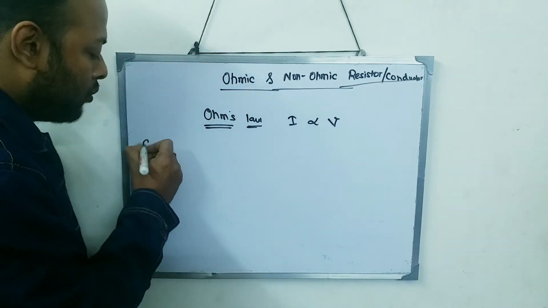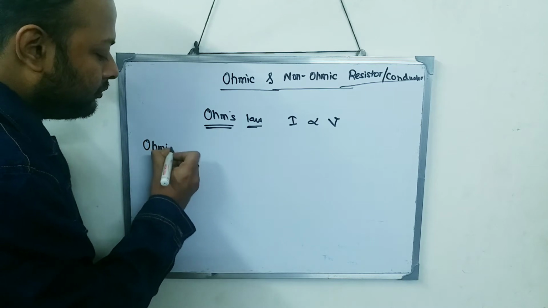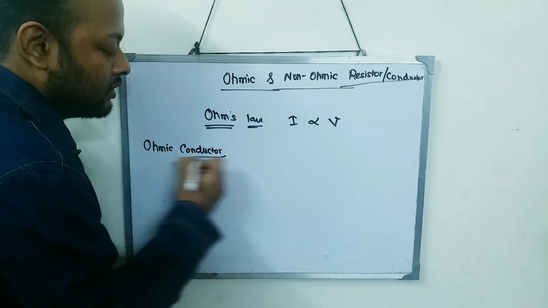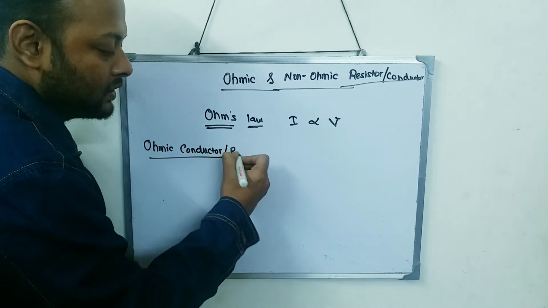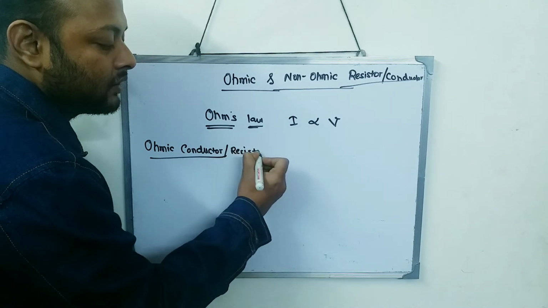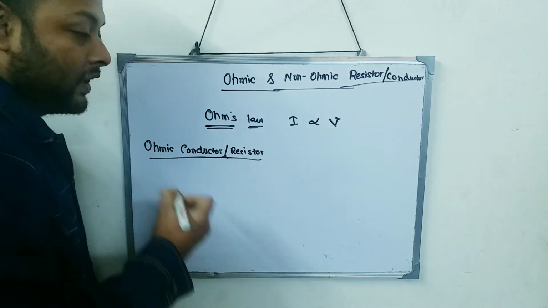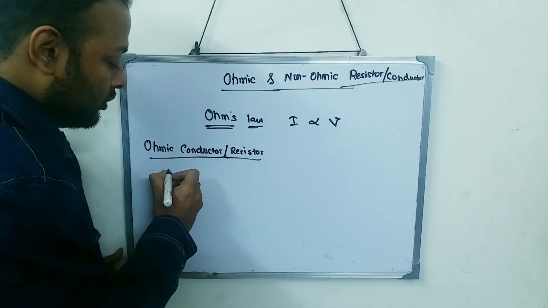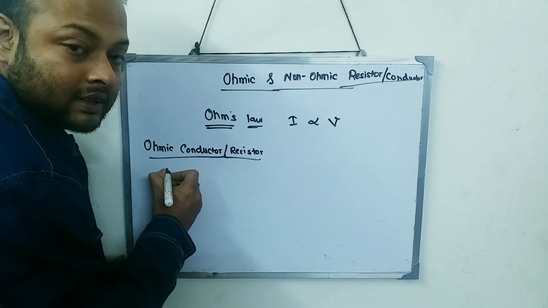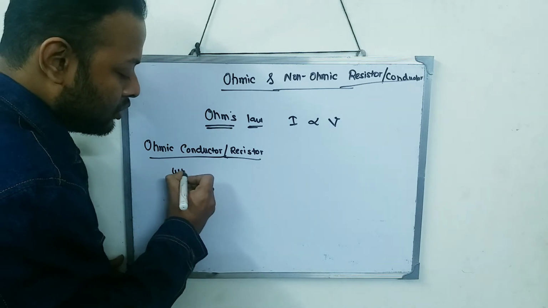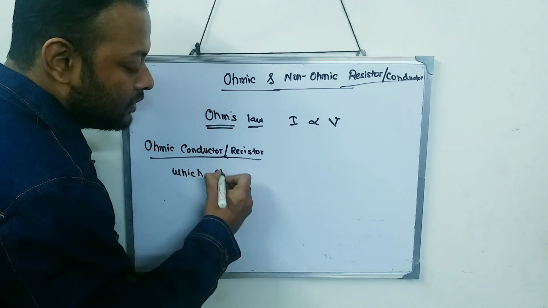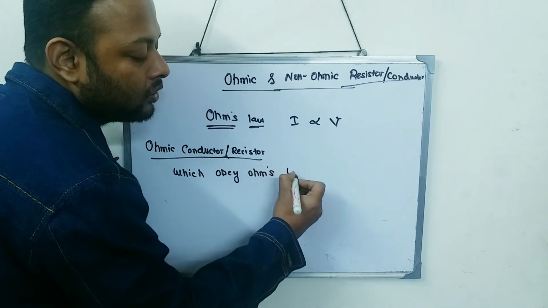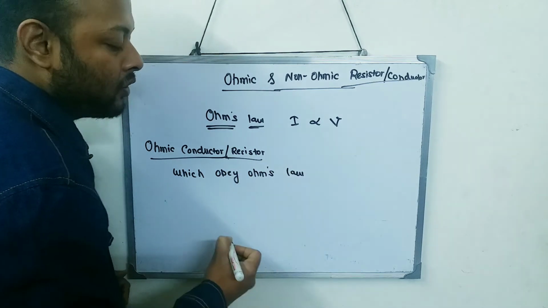So, the ohmic conductor, or a resistor, as you can see in your book, it is also said as resistor. The definition of ohmic conductor or resistor is that the conductors or the resistors which obey Ohm's law are ohmic conductors.